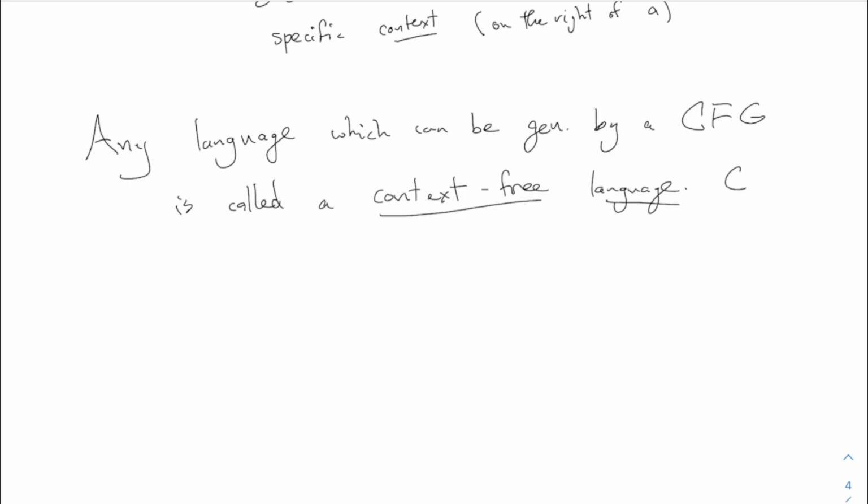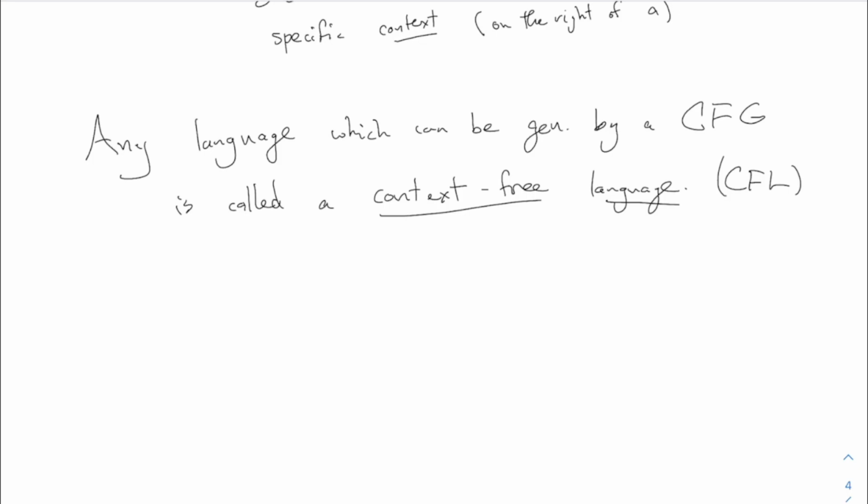And I'm going to write CFL for that. So a context-free grammar is a thing with the arrows. A context-free language means some language which can be generated by a context-free grammar, the CFL, all right?